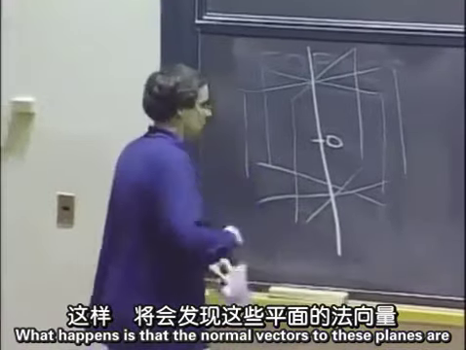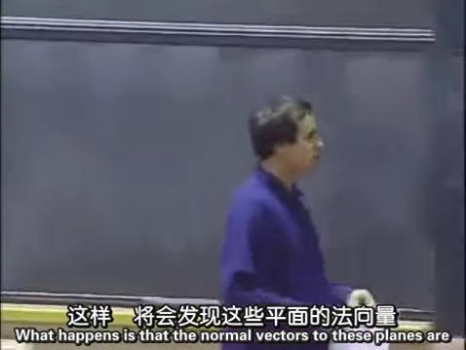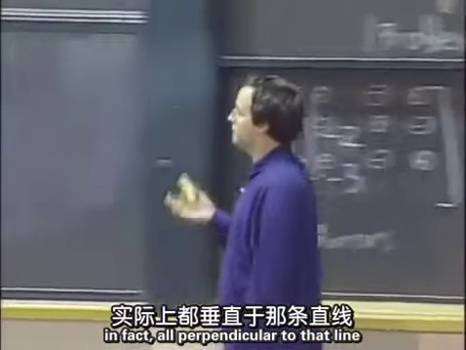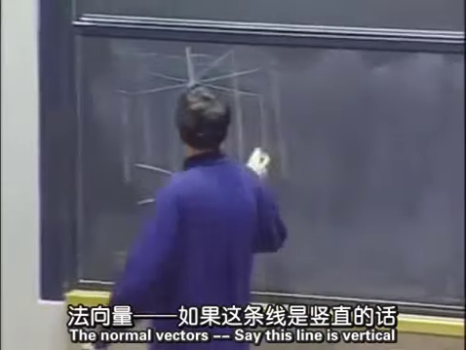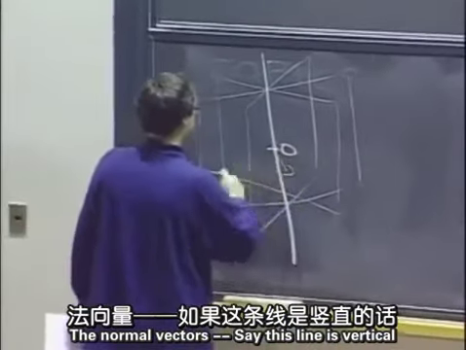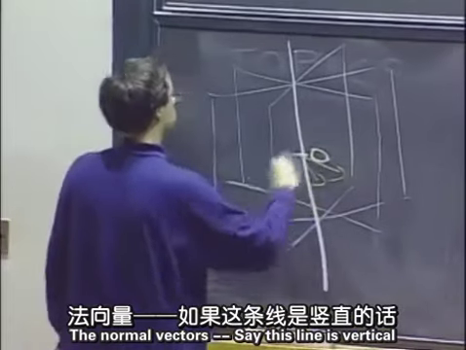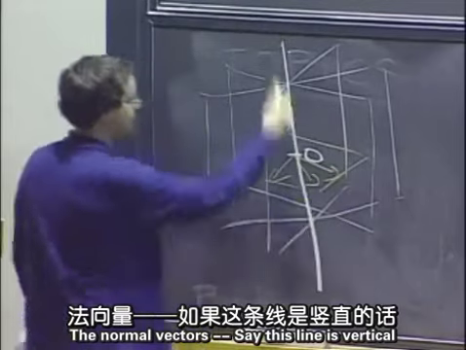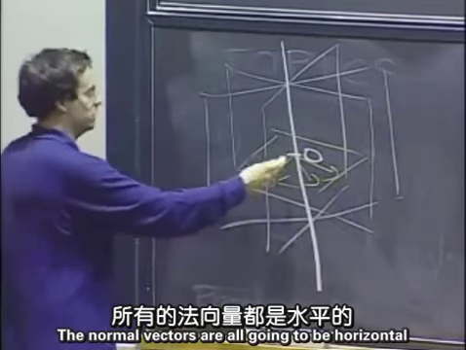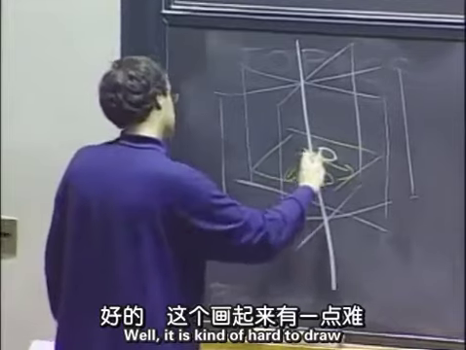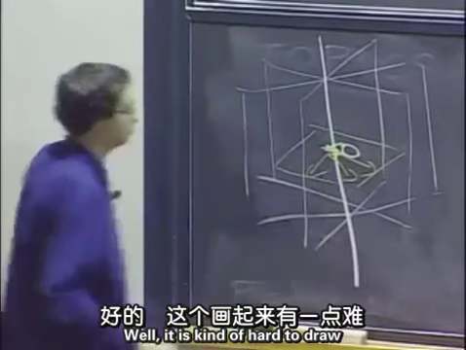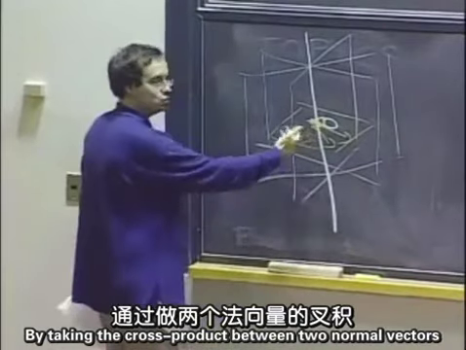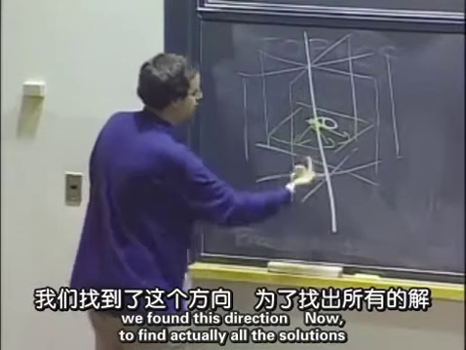So what happens is that the normal vectors to these planes are in fact all perpendicular to that line. Say this line is vertical, the normal vectors are all going to be horizontal. Well, it's kind of hard to draw, but by taking the cross product between two of the normal vectors, we found this direction.